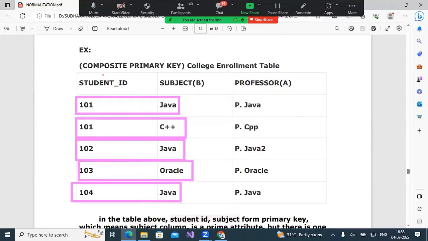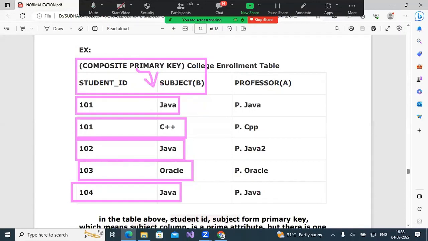Here, don't consider them as individual columns. Don't compare individually. Why, sir, don't I check individually? Because these two are not individual primary keys; these two are called a combination primary key, a composite primary key.